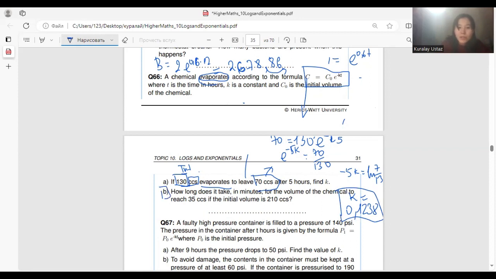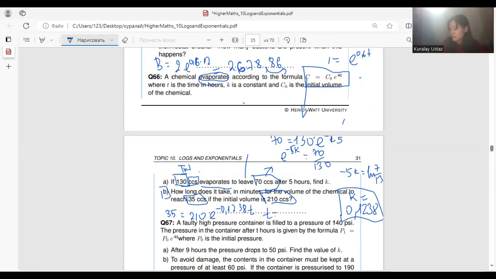Now for the B, how long does it take for the chemical to evaporate? This is the final result. If the initial value was like that, so 35, that's the final, this one, minus, so we already found the K, and T is, so we need to find T actually here. So let's do it.